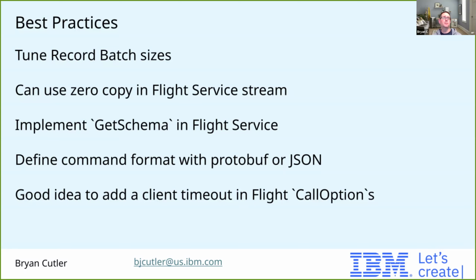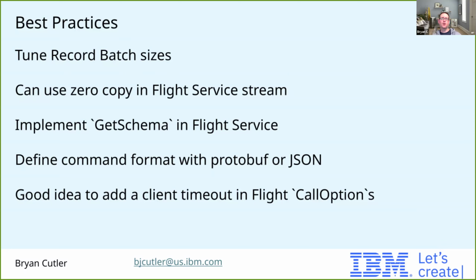So it's a balance you need to tune. And a lot of times, what you might do is when you're defining your command within your flight service to request data, you would leave an option to configure different record batch sizes depending on what data is being read.